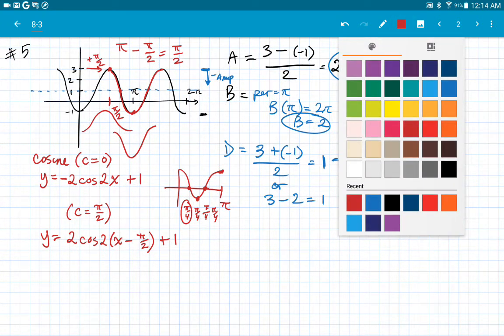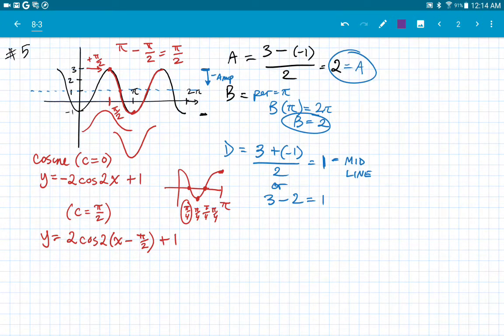So let's go ahead and create our sine equation now. Okay, so for sine, let's do this in purple now. So for our sine equation, the sine graph, again, needs to have that midline value. The problem is that midline value, it's right there, or even right here.